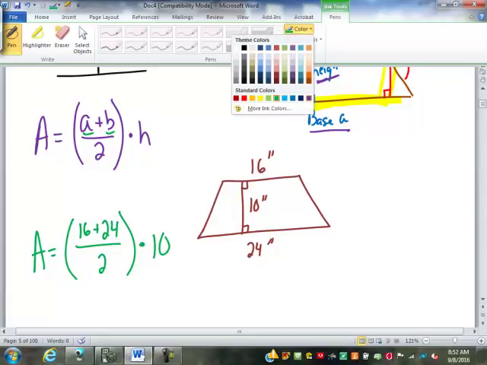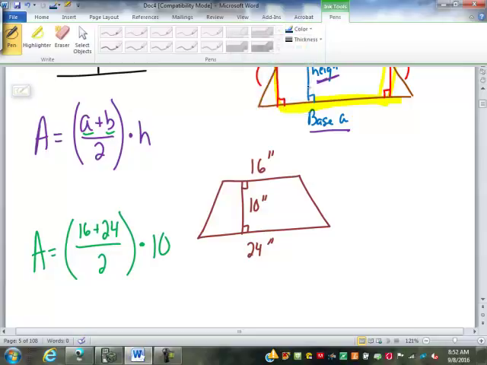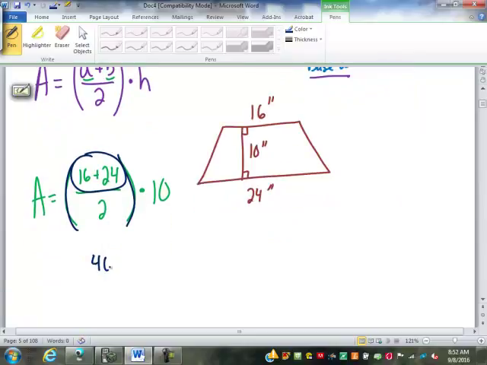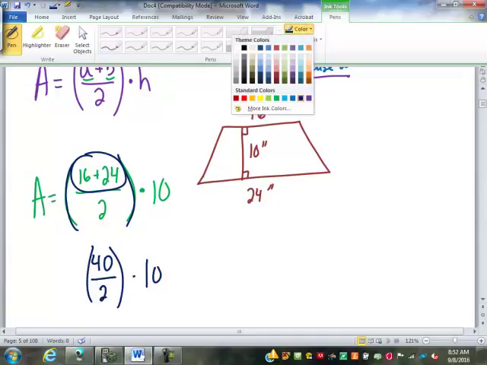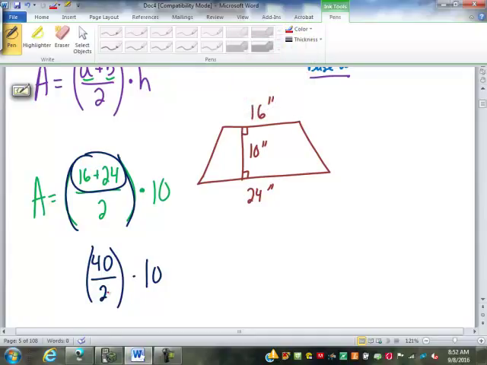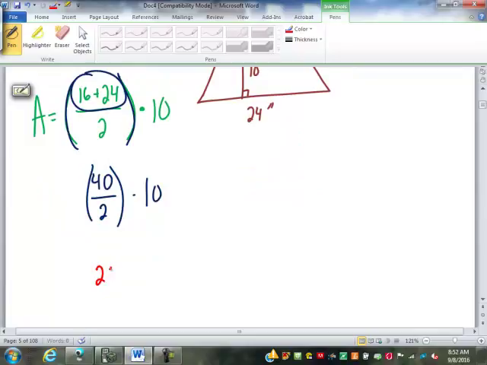So now that we've put our numbers into our formula, it's just a matter of order of operations. We have to do enclosing symbols first, our parentheses. We do the top of that. 16 plus 24 is 40. There's nothing to do on bottom. So now we're going to divide. 40 divided by 2 is 20.